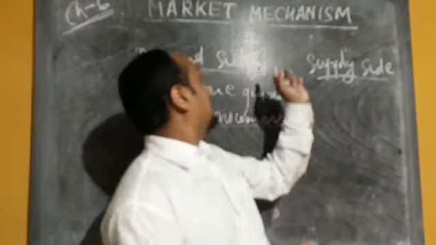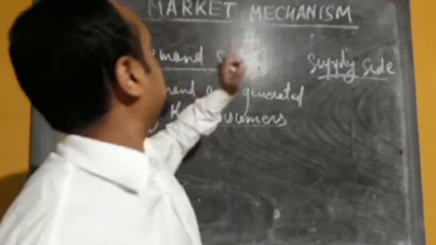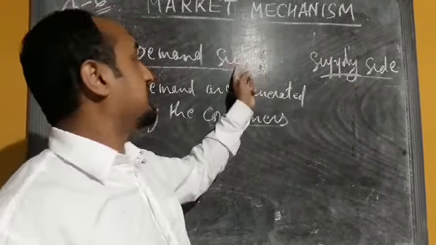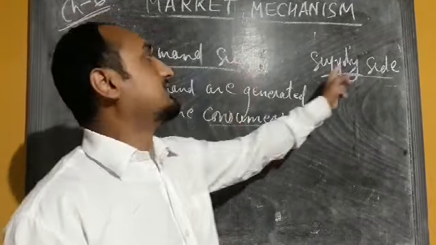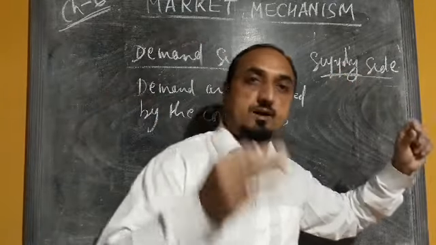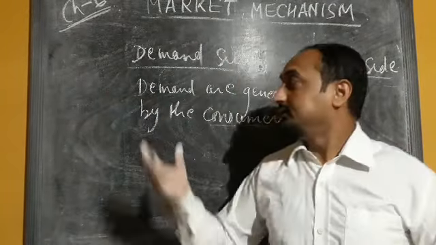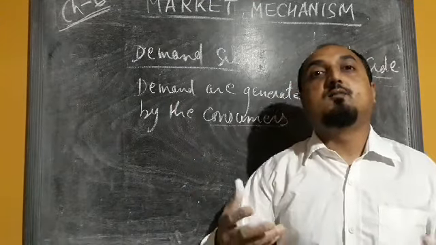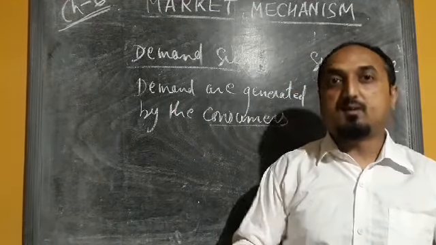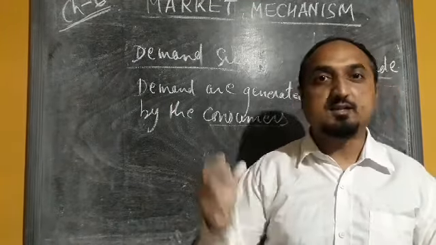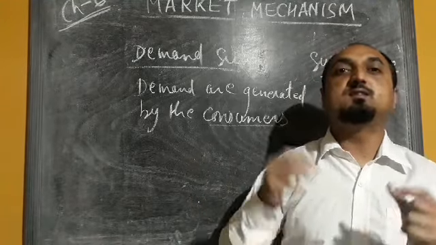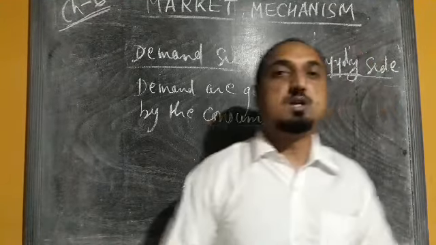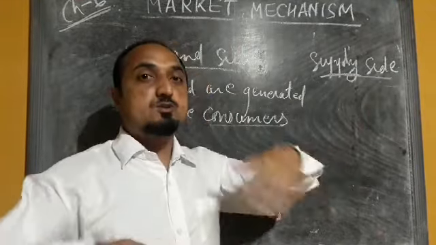Okay, so now we have understood the concept of the demand side and supply side. The demand side arises from the consumers, the supply side arises from the producers. Consumers demand various goods and services to satisfy their wants or needs or to maximize their utility.